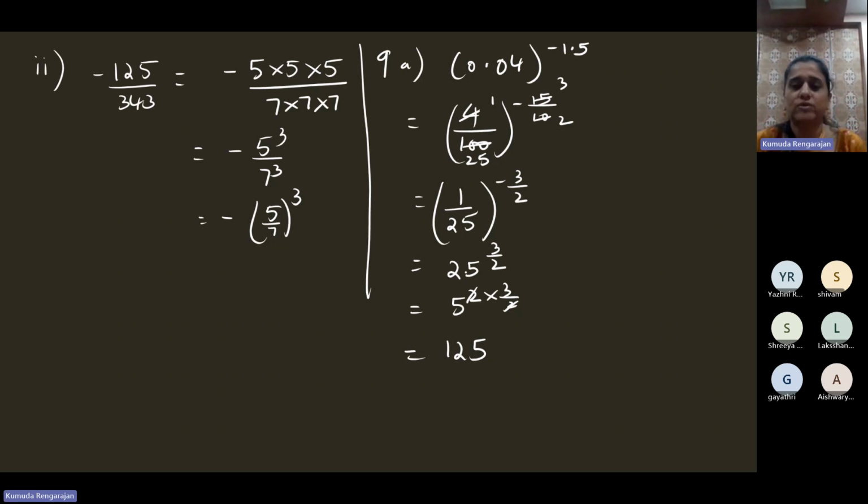So take the reciprocal of the base. 1 by 25 becomes 25 by 1, which is 25. Minus 3 by 2 becomes plus 3 by 2. Next, 25 can be written as 5 squared, but there's already a power 3 by 2. So multiply the powers. 2 into 3 by 2. 2 cancels out. So 5 cubed, which is 125.